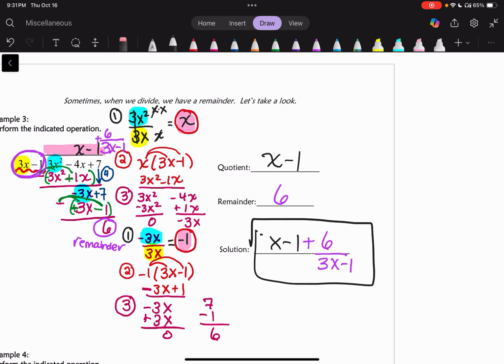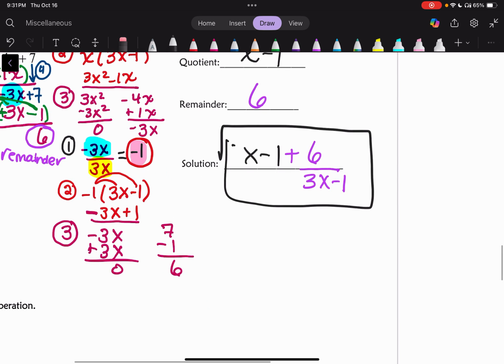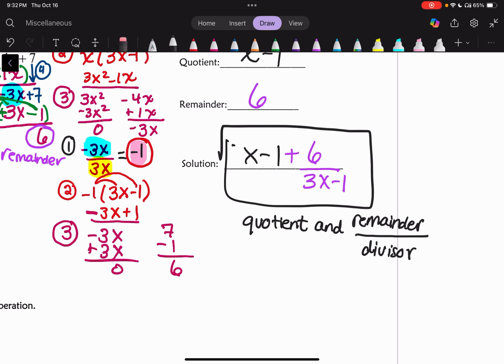That is your answer. If you want something to help you out, so you know how you should be writing this when you're working on your own, you could put this. When you have a remainder, your answer should look like quotient, and, remainder over your divisor.